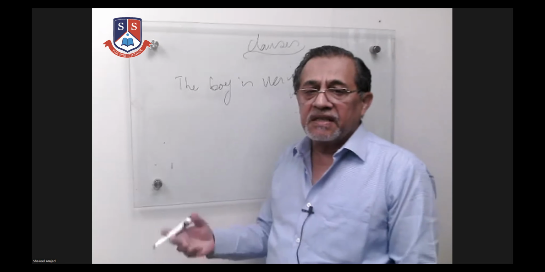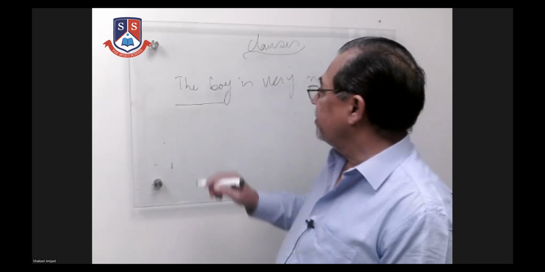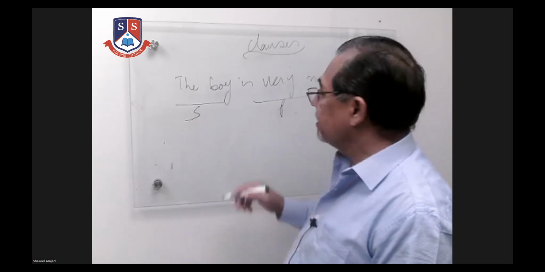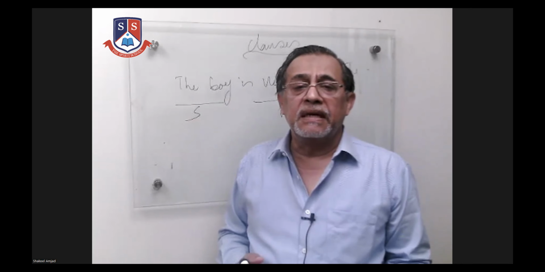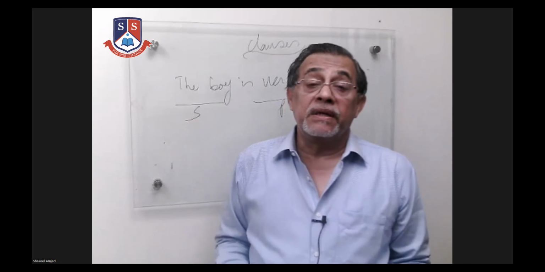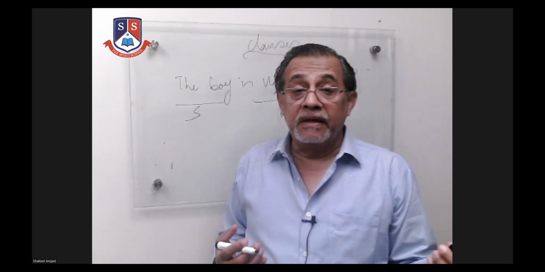It's a simple sentence. It's one clause. It consists of a subject and a predicate. So a simple sentence needs to have a subject and a predicate, and it can stand alone as a sentence. It gives one complete thought, right?